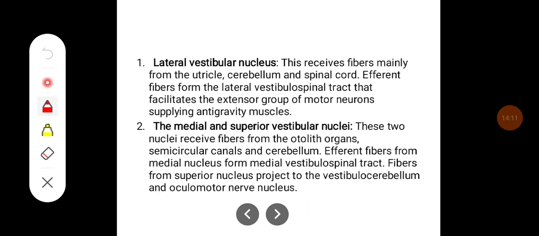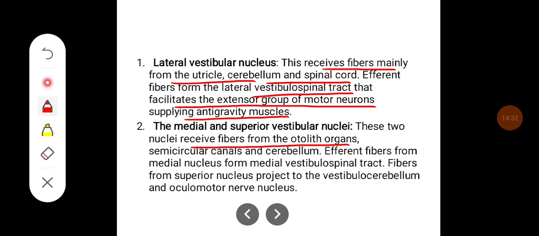The lateral vestibular nucleus receives fibers mainly from the utricle, cerebellum, and spinal cord. The efferent fibers form the lateral vestibulospinal tract that facilitates the extensor group of motor neurons supplying anti-gravity muscles. The medial and superior vestibular nuclei receive fibers from the otolith organs, semicircular canals, and cerebellum.